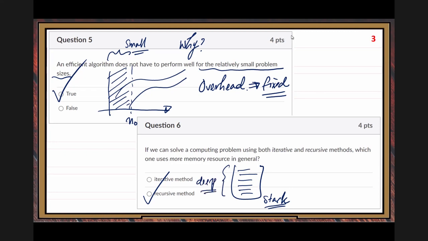The deeper the stack is, more resource used. But for iterative method, we do not use stack. So we always find the intermediate values, then use it for the next one. No deep stack used. So less resource.